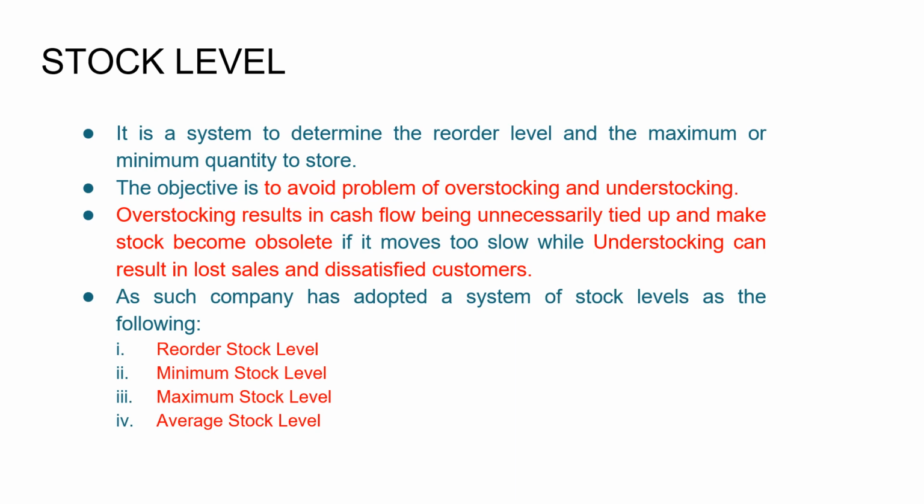Therefore, by setting the stock level, we hope that the production can be run smoothly, and eventually it will give a good performance to the company. As I mentioned just now, overstocking results in cash flow being unnecessarily tied up and makes the stock become obsolete if it moves too slowly, while understocking can result in lost sales and dissatisfied customers.